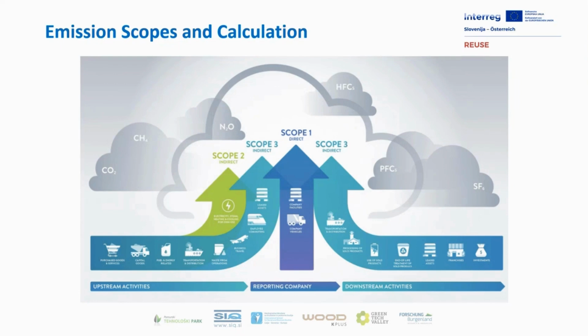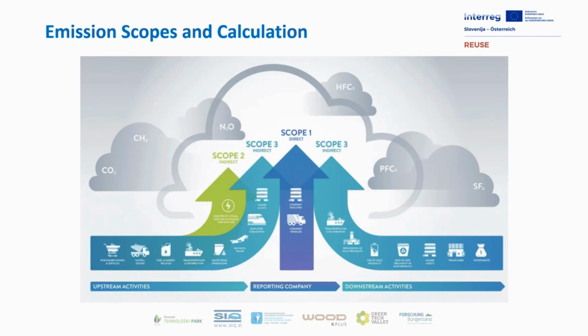Nevertheless, they can represent the largest share of an organization's total carbon footprint, especially in industries reliant on extensive supply chain or distribution networks. For example, a retail company might consider emissions from the production and transportation of goods as part of its Scope 3 footprint.